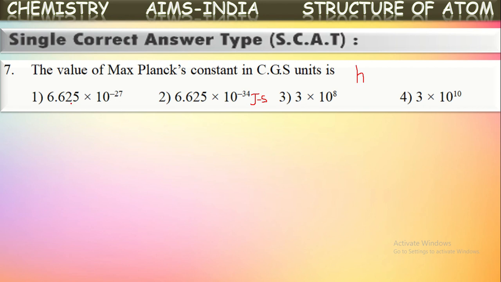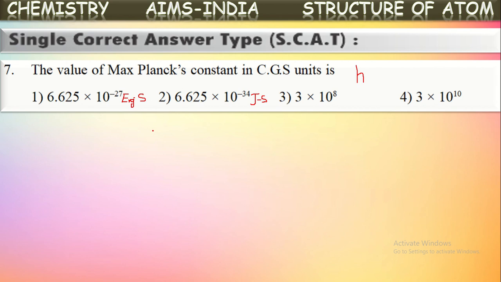And it also can be mentioned in other units as 6.625 into 10 to the power of minus 27 erg second. So it is mentioned in the first option, erg second.